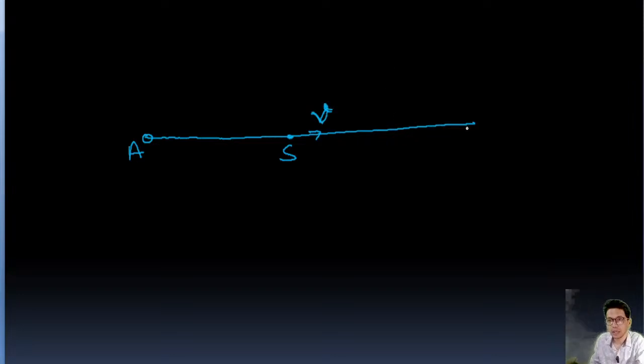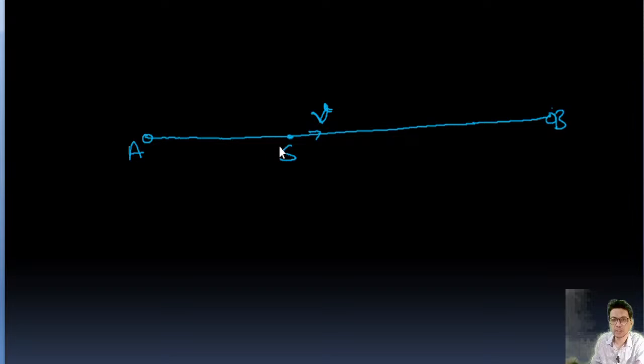And at this point is B. So this radiation is moving towards B and away from A, along the line joining AB. A and B are in the same line, and the source is also in the same line. So the source is moving away from A and approaching B, right? So this is the case.